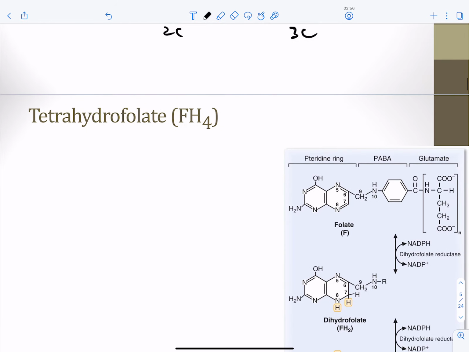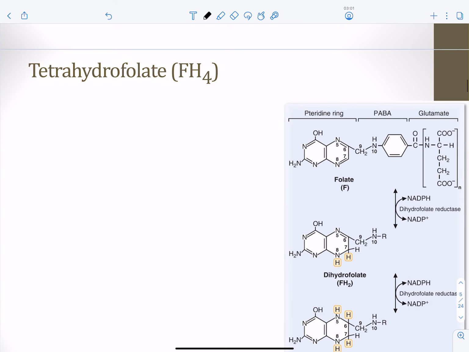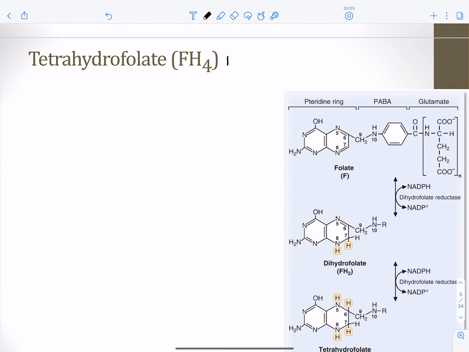Now, tetrahydrofolate is going to be made from the vitamin folate, so B9 folate. And it is the primary 1-carbon carrier in the body.